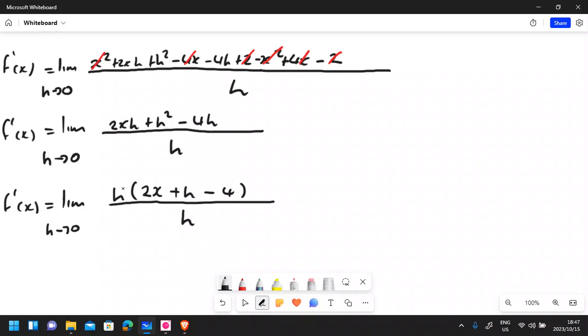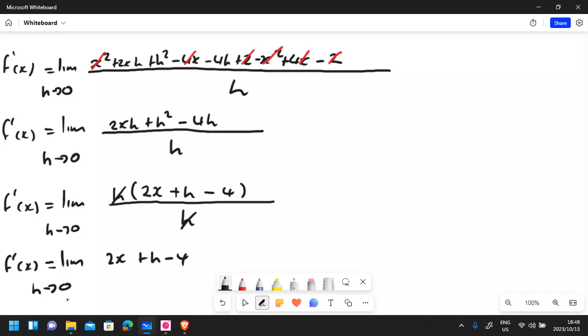So as you can see, h and h, when they divide, they're going to give you 1, and multiplied by everything, the only thing that you're going to be left with is, let's say, limit h approaches 0 of 2x plus h minus 4.